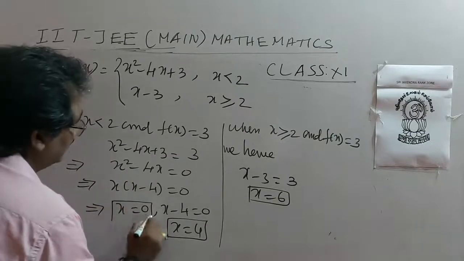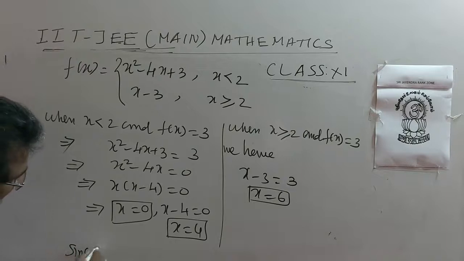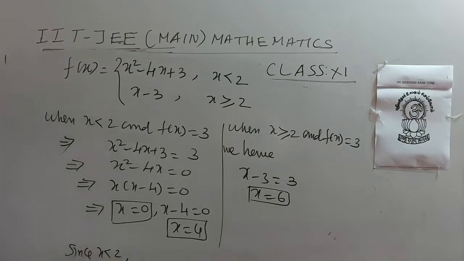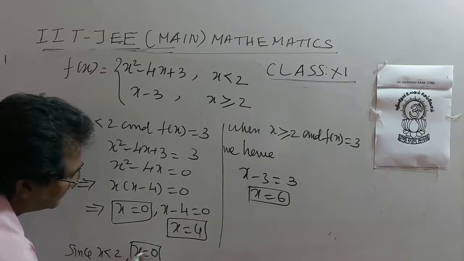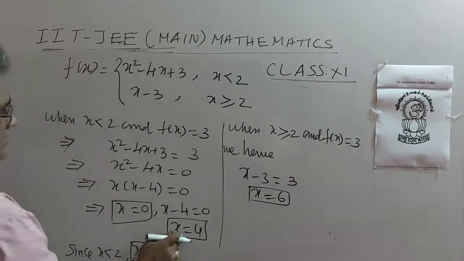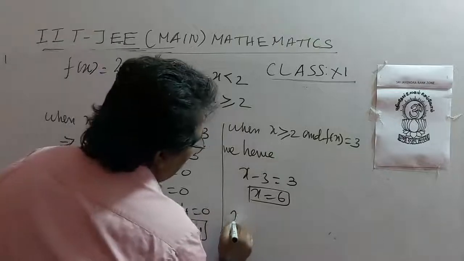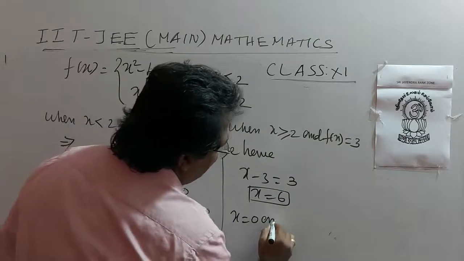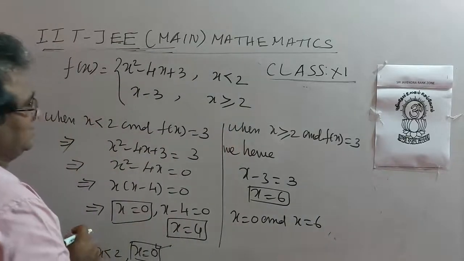Here, since x is less than 2, we take x equal to 0 only. So x equal to 4 is not valid in this case. So x equals 0 and x equal to 6.